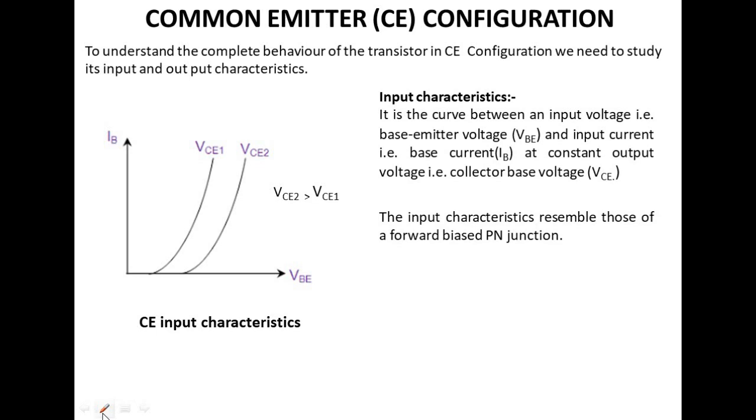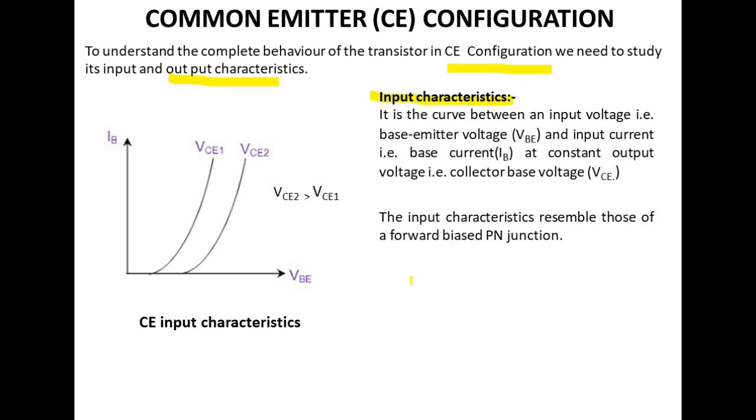To understand the complete behavior of the transistor in CE configuration, we need to study two types of characteristics, that is input characteristics and output characteristics. Let us start with the input characteristics.